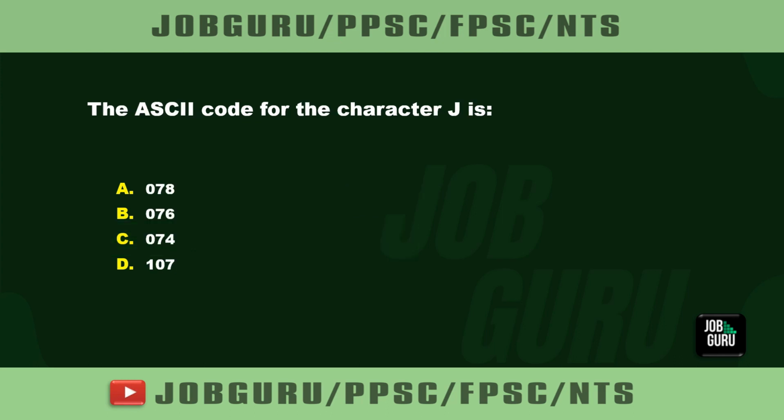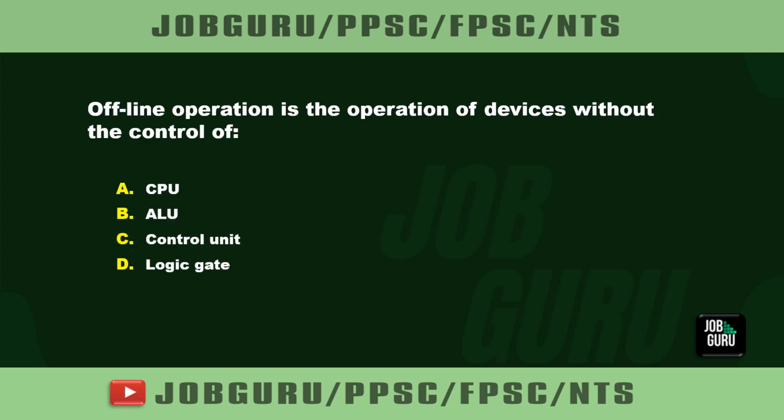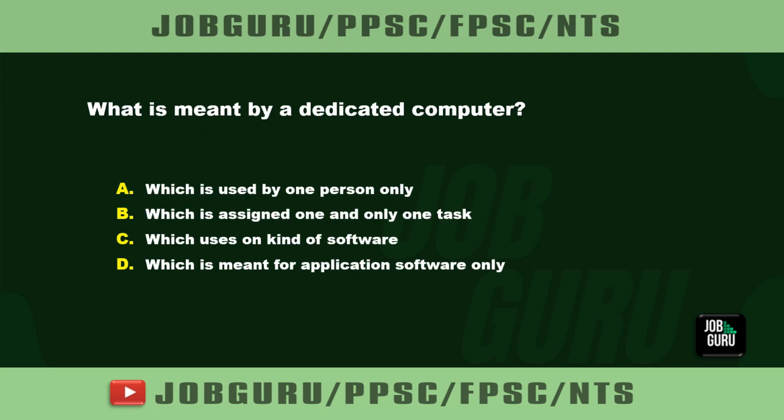The ASCII code for the character J is. Offline operation is the operation of devices without the control of. What is meant by a dedicated computer?